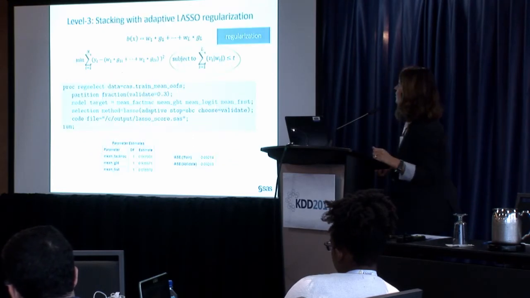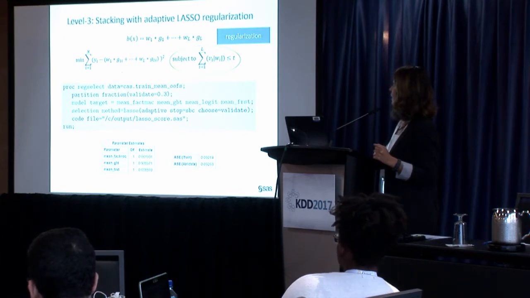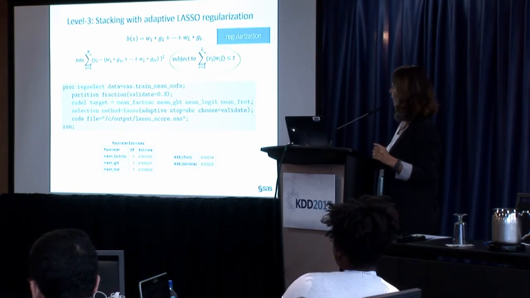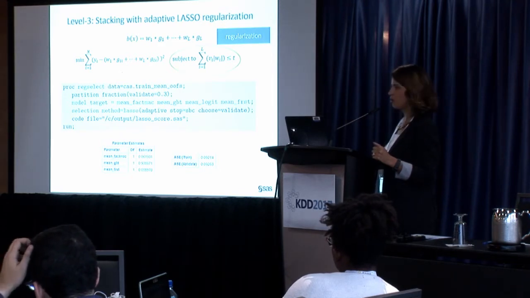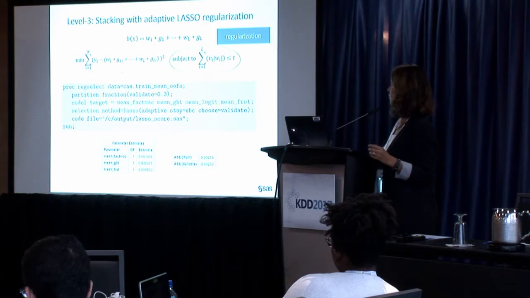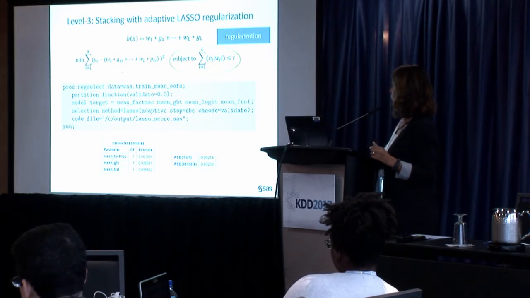Let me try to finish real quickly. I'm combining those 4 predictions by using adaptive lasso. Raven mentioned this. You put some penalty on the loss function when you minimize it, and it controls the weights and controls the collinearity.